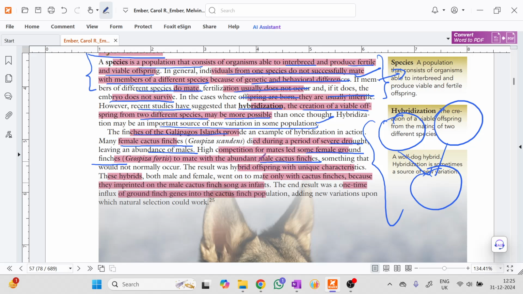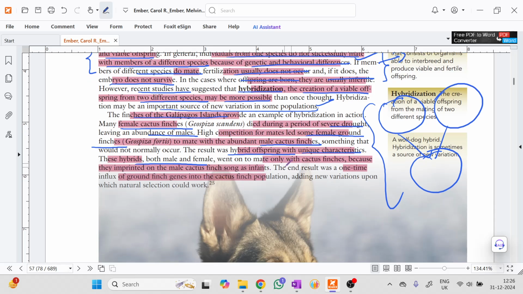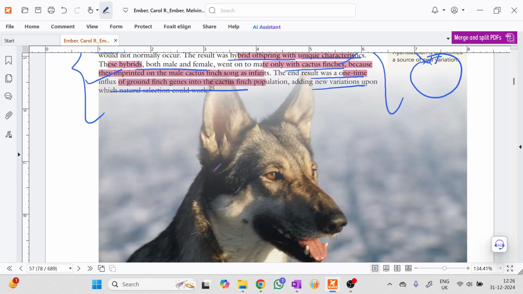Both were different species, and the results were hybrid offspring with unique characteristics. These hybrids were both male and female, but they went on to mate only with the cactus finches, the original parent population. So the end result was a one-time influx of ground finch genes into the cactus finch population, which added new variation. So otherwise, the process of hybridization was the same.